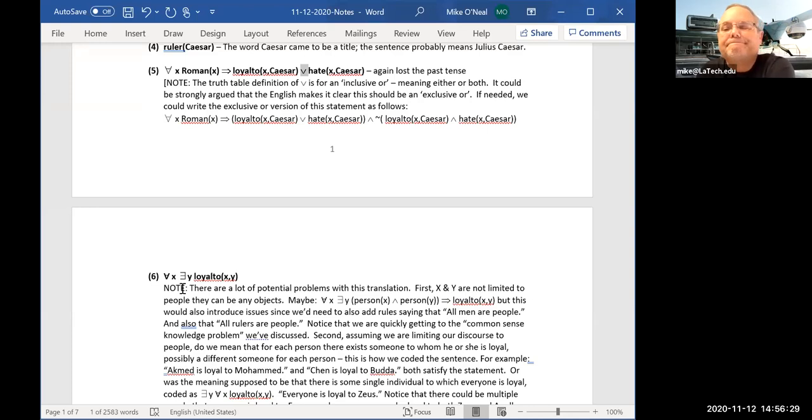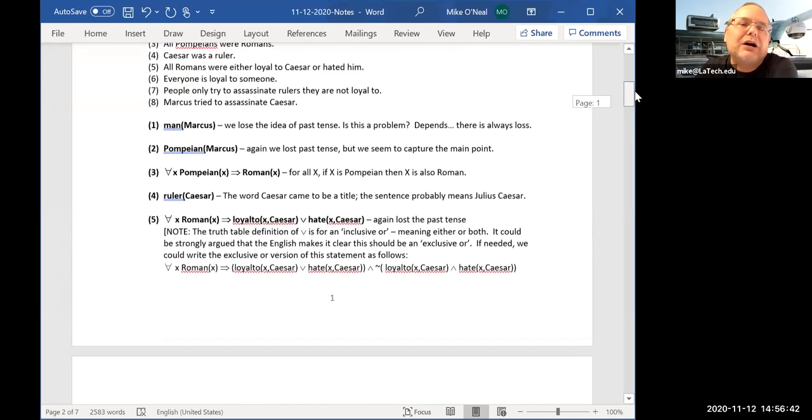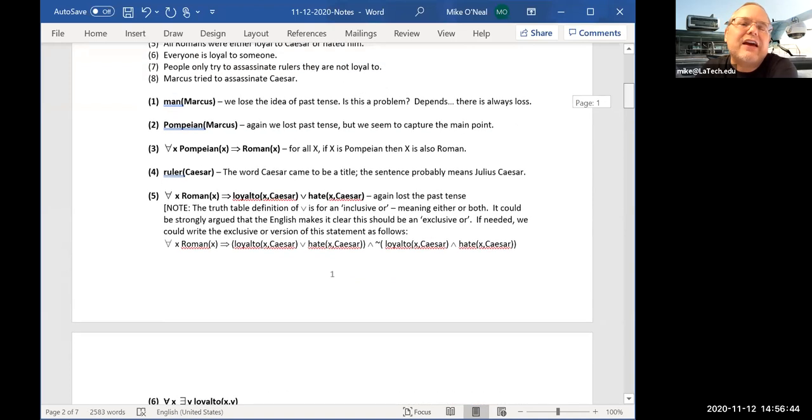Now, this logic almost certainly reflects what was meant by that statement, everyone is loyal to someone. But this is a vague sentence.